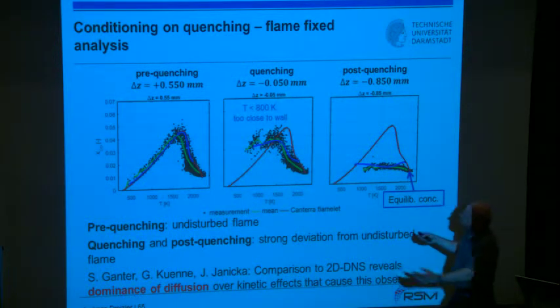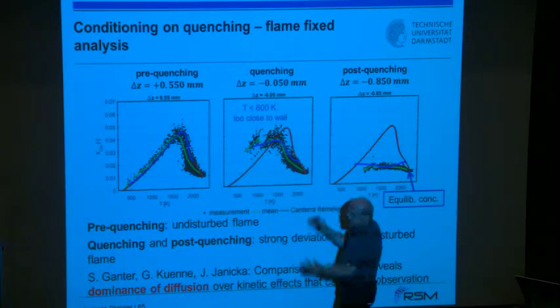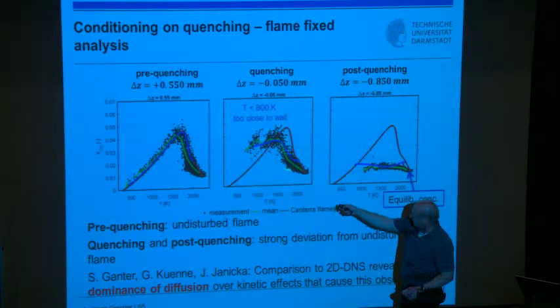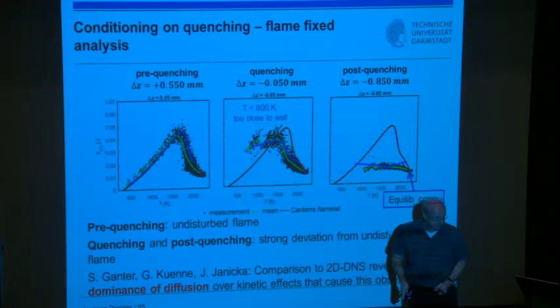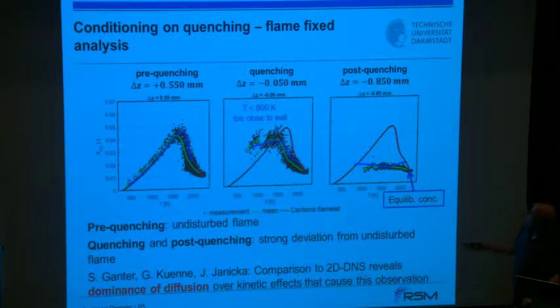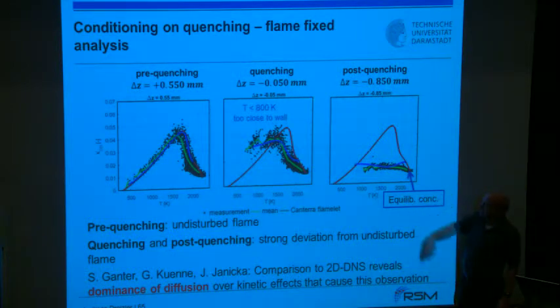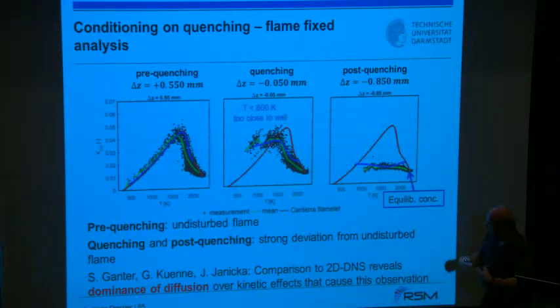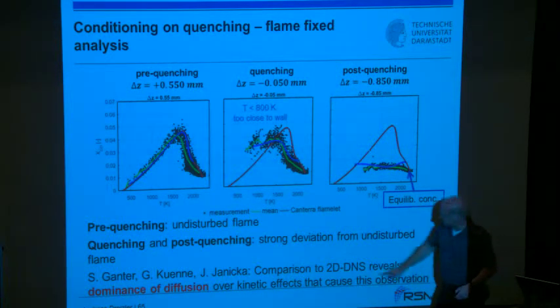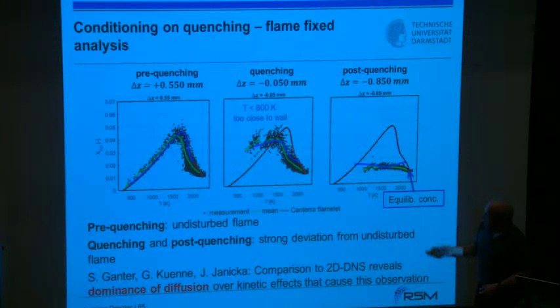If you would now use a similar flamelets model with tabulated flamelets close to the wall, they would not represent what happens in reality. And if you go then downstream in the post-quenching region, everything goes down to the chemical equilibrium, as you would expect. And we have used now this experimental data to feed that into a 2D DNS to simulate exactly what's going on.